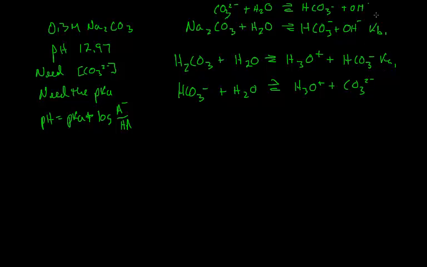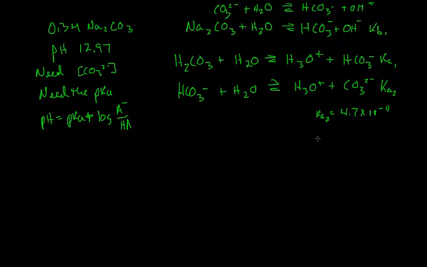It's basically the same thing. So that's Ka2. So Ka2 would correspond to Kb1, and we know what Ka2 is. If you look at our tables, Ka2 is 4.7 times 10 to the minus 11.